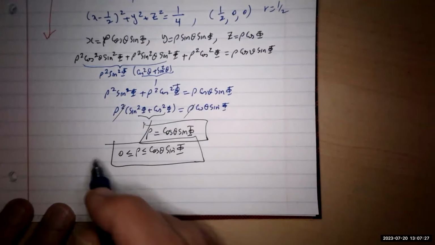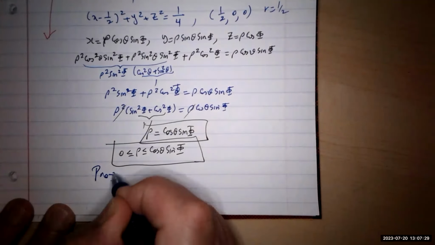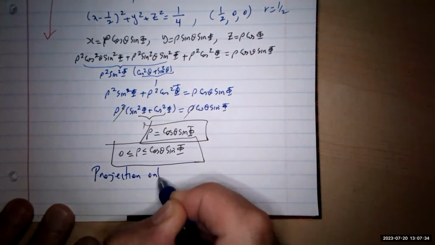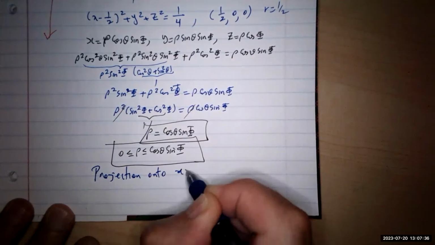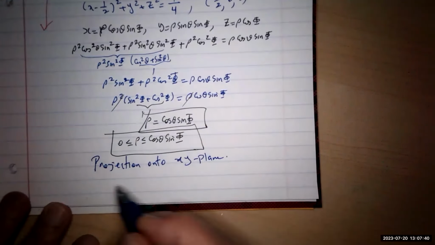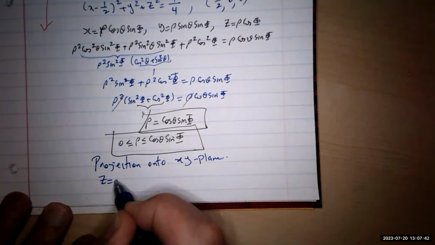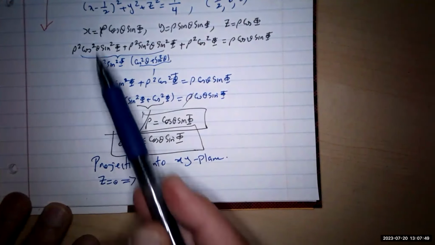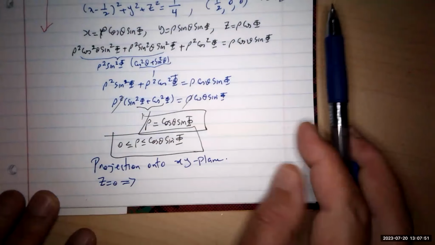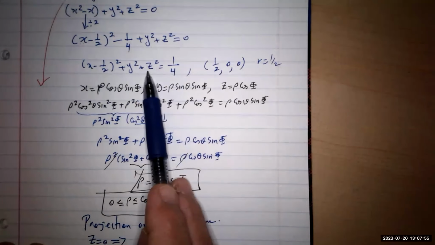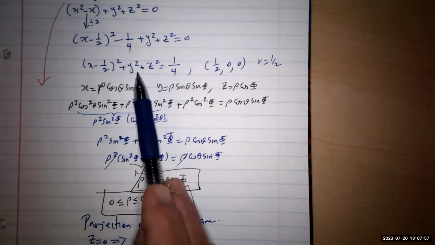Okay, so what's the projection onto the XY plane? The projection means you have to put z equal to 0 in that equation. So if you put z equal to 0 in that equation, that gives you just a circle.